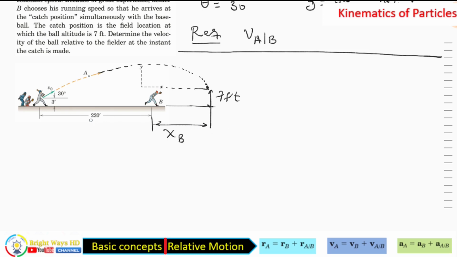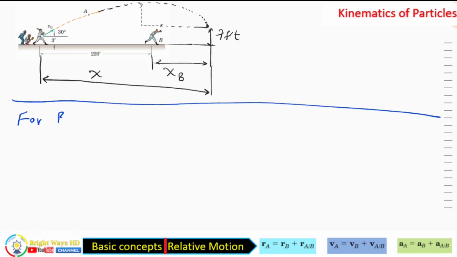The initial distance is given as 220 feet here, and the initial velocity and inclination are given, so every parameter is stated here. If this is the total x covered by the ball, it can also be x of A. Now let's decompose the system into two parts, that means the ball part and the fielder part.